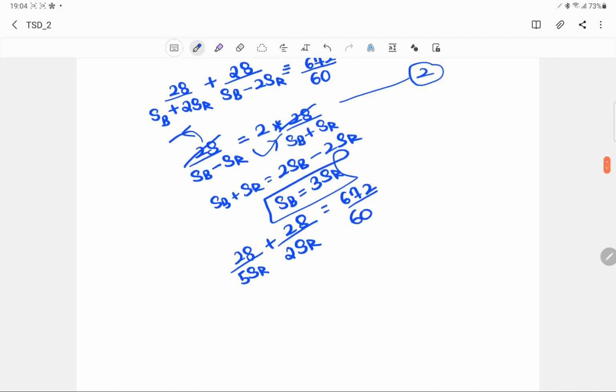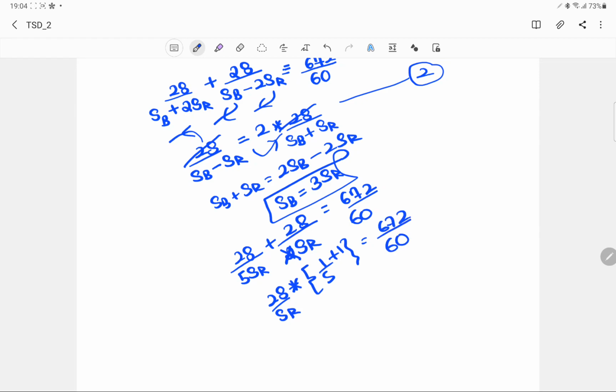So you can take 28 common, and this is 1 by 5 plus 1 by 2, and this would be 672 by 60.